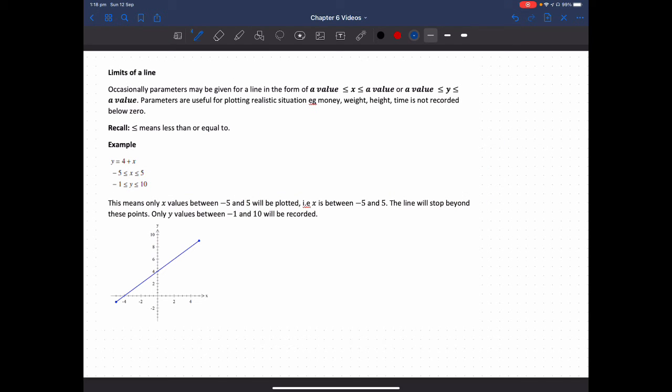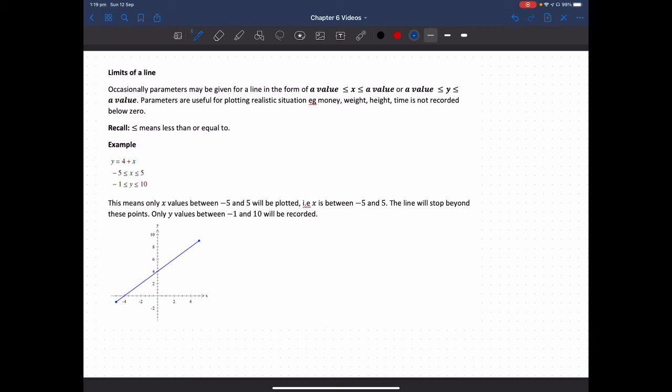Now we're going to be considering limiting the values that we're going to use. So we've written, occasionally parameters may be given for a line in the form of a value less than or equal to x, less than or equal to a value. What does that mean?